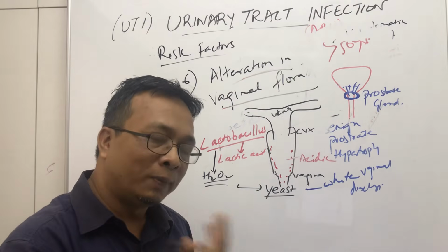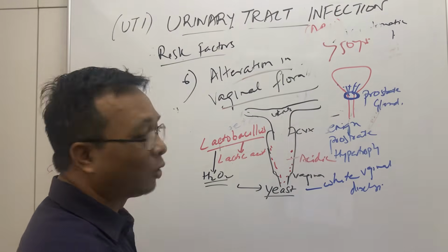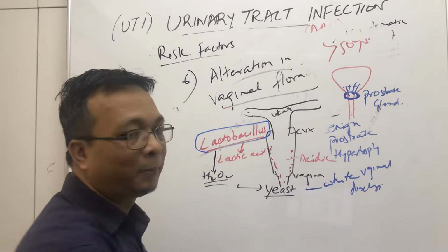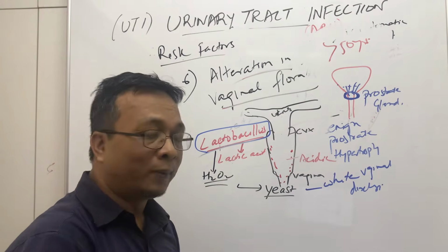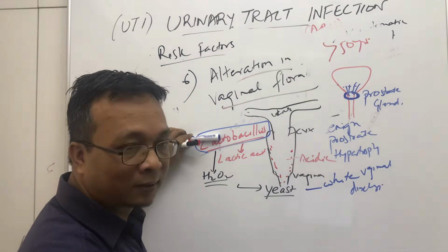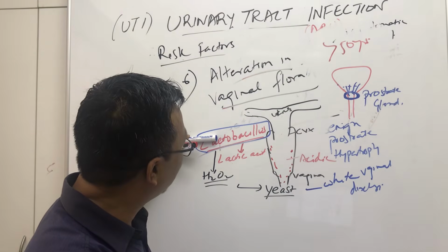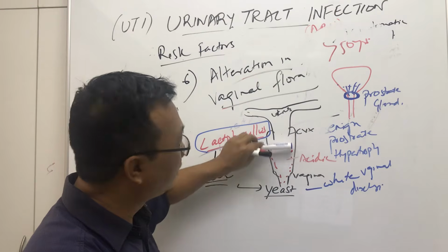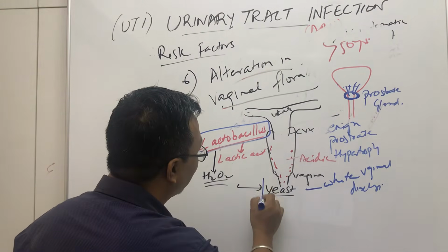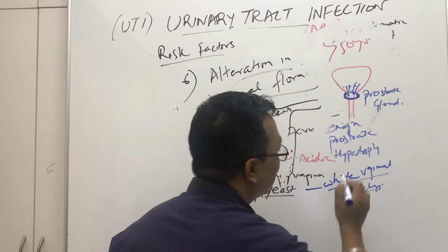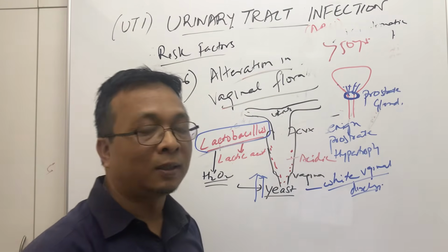Antibiotics not only kill the other bacteria, they also kill the lactobacillus. Lactobacillus is a bacteria. So overuse of antibiotics can damage the lactobacillus. When the lactobacillus are killed, this protective layer is gone, and as a result the yeast level goes up and there can be white vaginal discharge in consequence.